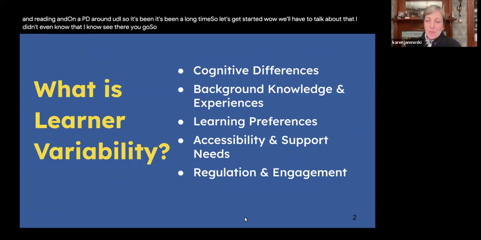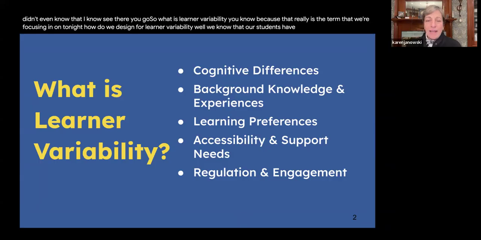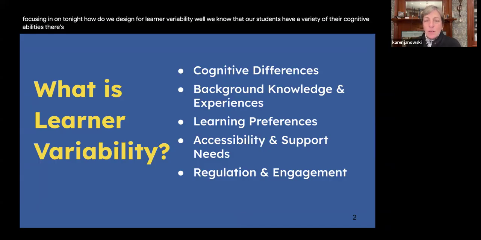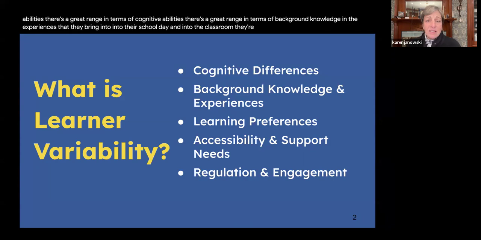So, what is learner variability? Because that really is the term that we're focusing in on tonight. How do we design for learner variability? Well, we know that our students have a variety of cognitive abilities. There's a great range in terms of background knowledge and the experiences that they bring into their school day and into the classroom. Their learning preferences are individualized as well, what works well for them.